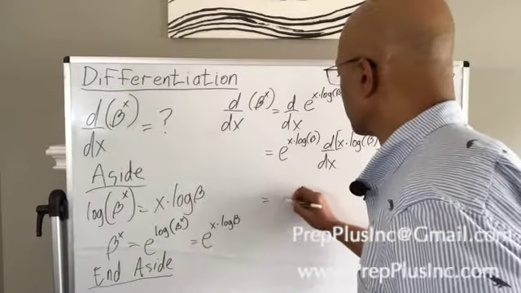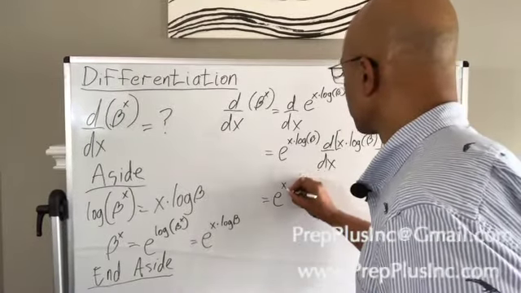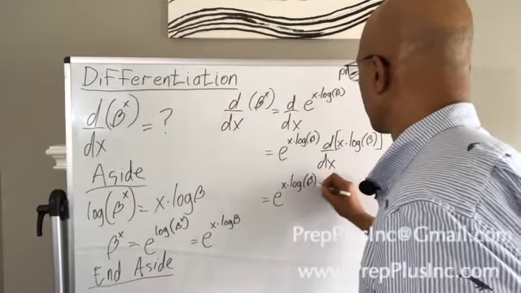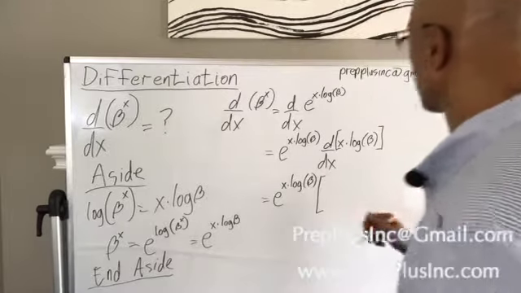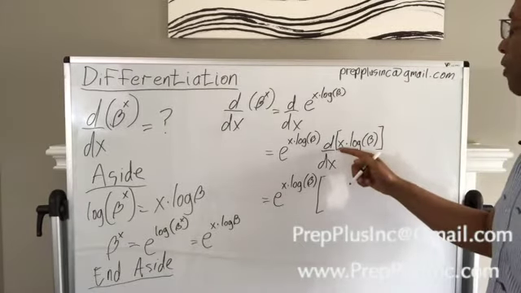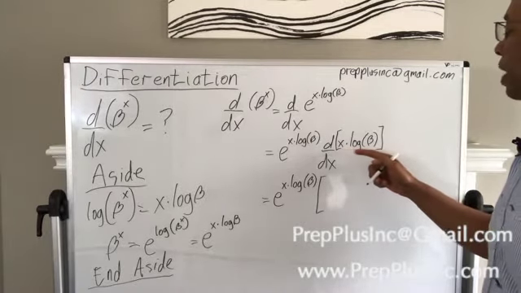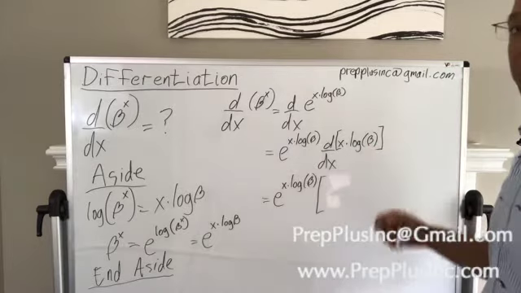No problem. So e to the x times log of beta times, first the derivative of x with respect to x times log beta plus x times the derivative of log beta with respect to x.